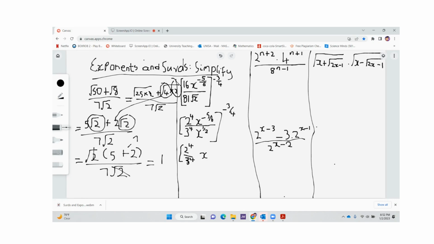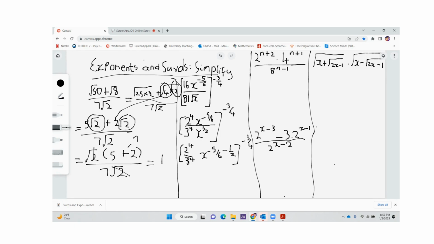So we have base x, and they are separated by division, so we're going to subtract the exponents. That's a law of exponents. So the exponents are minus 5 over 6 minus 1 over 2. All of this to the power of minus 3 over 4.